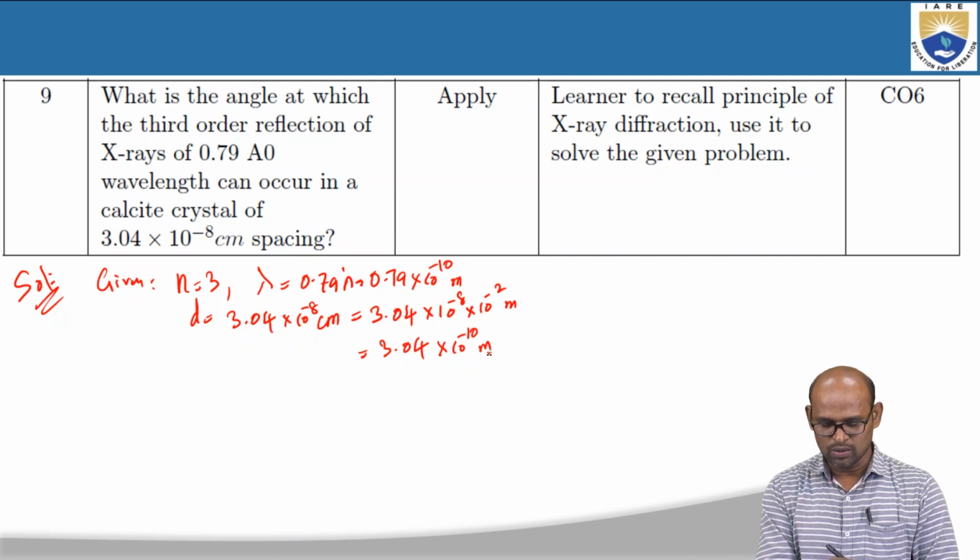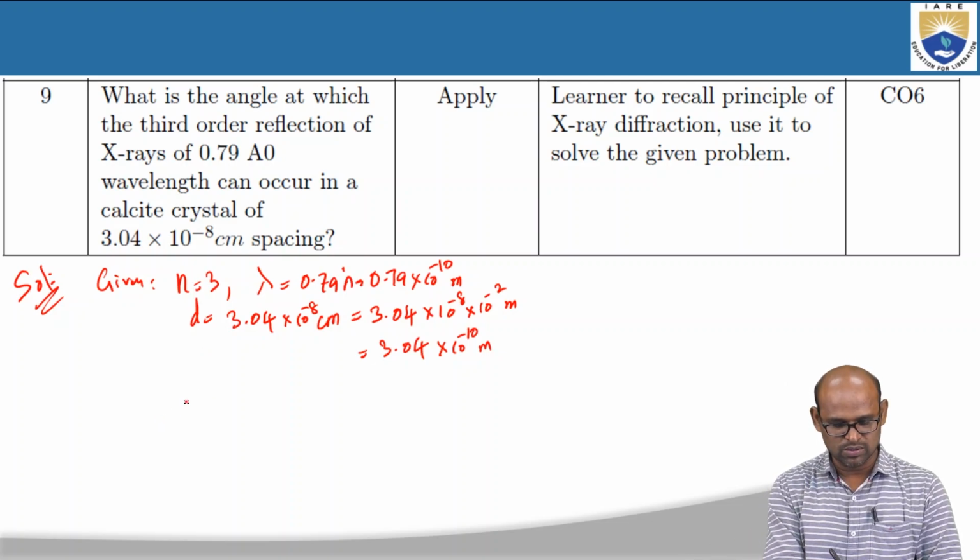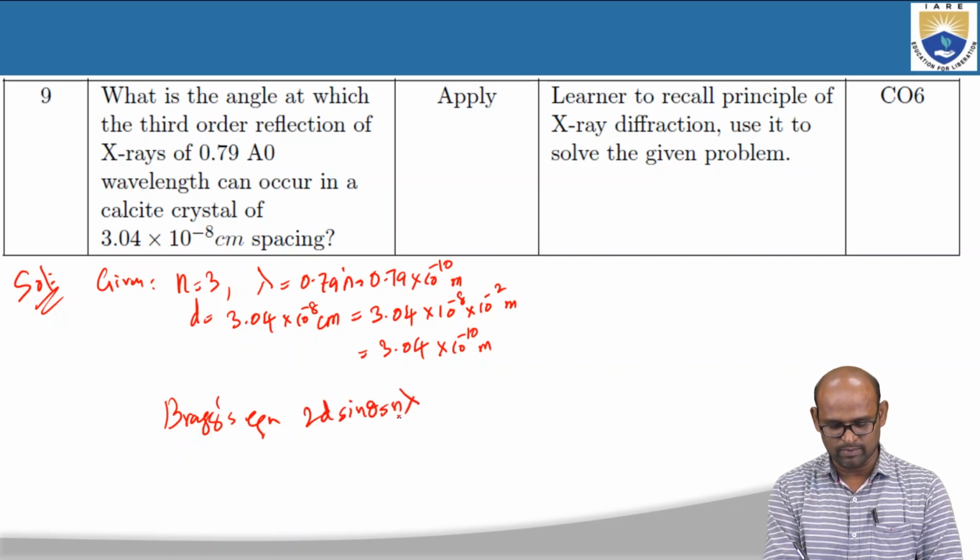So now we need to calculate the angle. We can use Bragg's equation here: 2d sine theta is equal to n lambda.